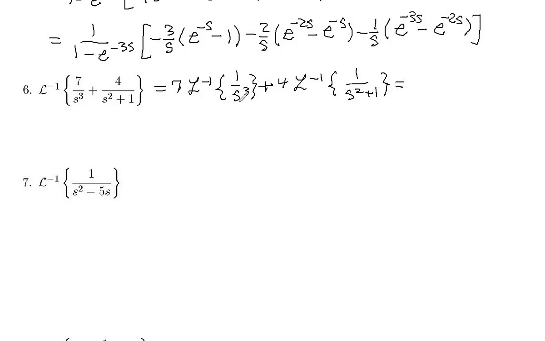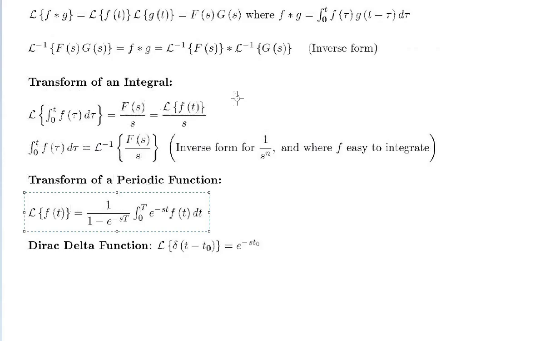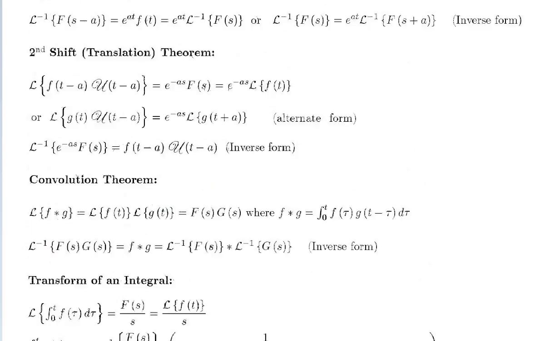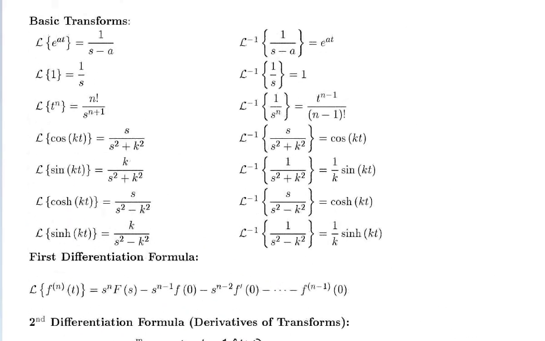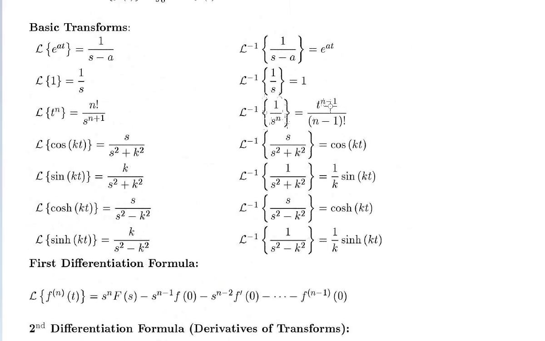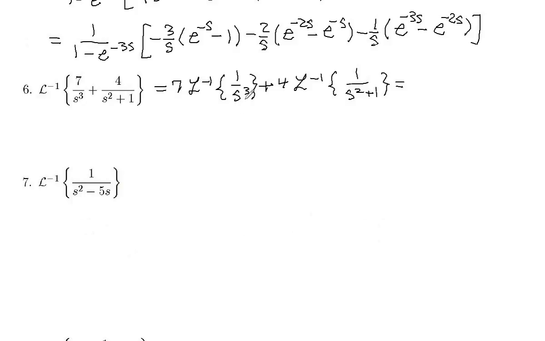So inverse transform 1 over s cubed, go back to the transform sheet, that's one of the basic transforms. So 1 over s to the n, you do t to the n minus 1 divided by n minus 1 factorial. So decrease the exponent on t by 1. So this is an s cubed, so we're going to have that 7. This will be t squared divided by 2 factorial.